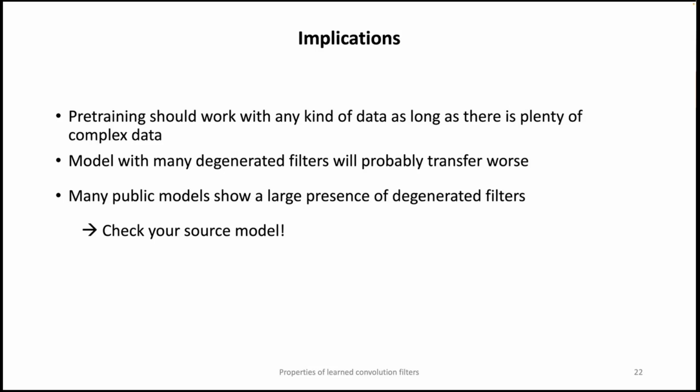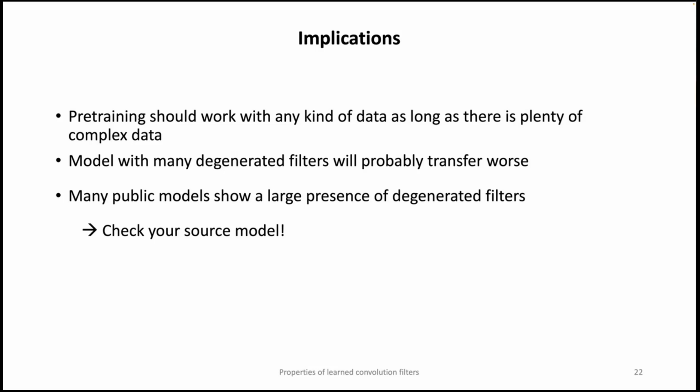The second implication is that models with many degenerated filters will probably not be very well suited for transfer learning, because if you have sparse filters, they will block the gradient flow. And if you have repetitive patterns, they won't easily adjust to your new distributions.